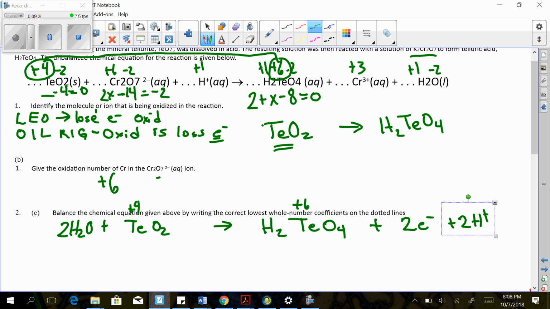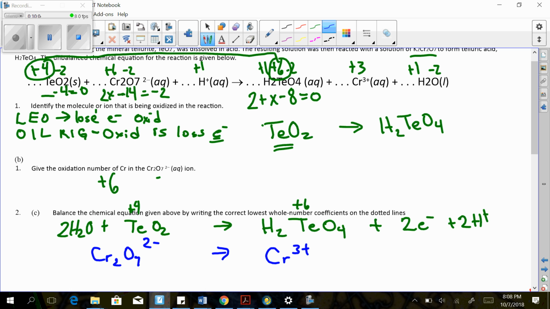Let me do the second half reaction. Now I'm going to do that one in blue just to kind of keep the 2 straight. So if I look at the other half reaction, I need the reduction. So the reduction half, I have the dichromate ion is being reduced to chromium 3.